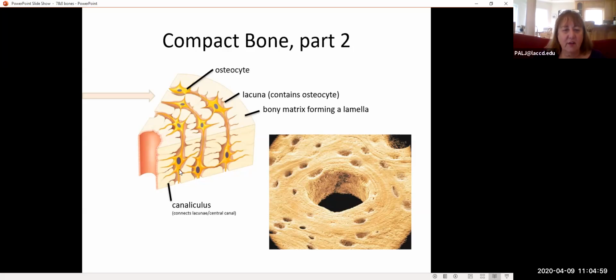And then another little arm will go in this canaliculus, which will meet up with the arm from this osteocyte to send nutrition by diffusion to this cell, which then can do the same thing and send nutrition by diffusion to the next cell, and so on for all the osteocytes going to all the outer concentric lamella.